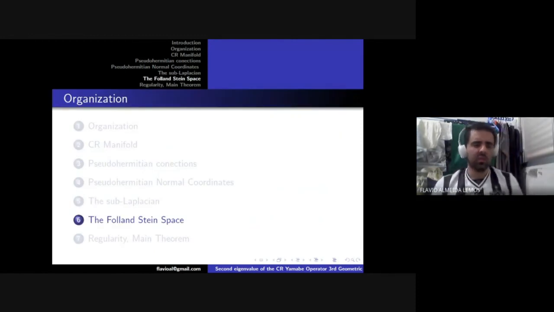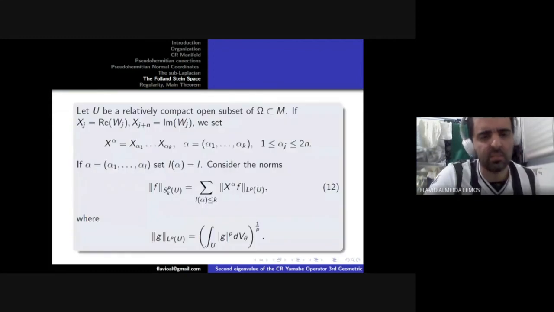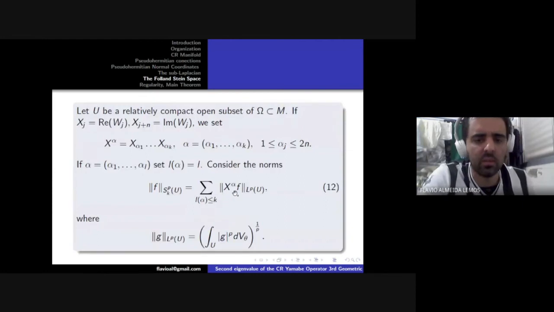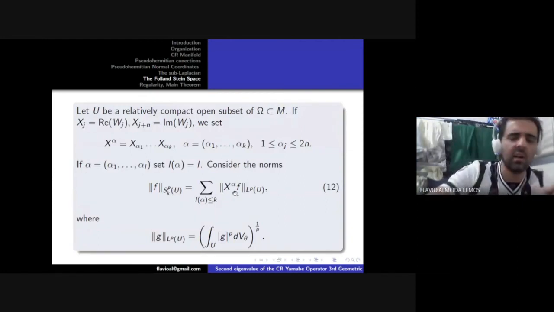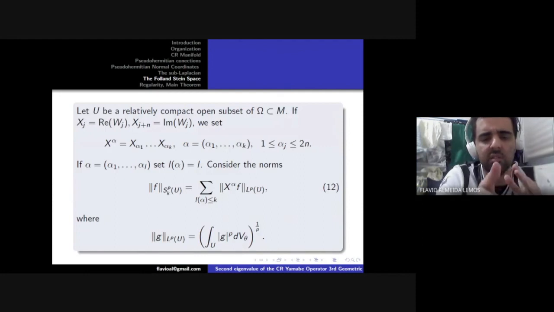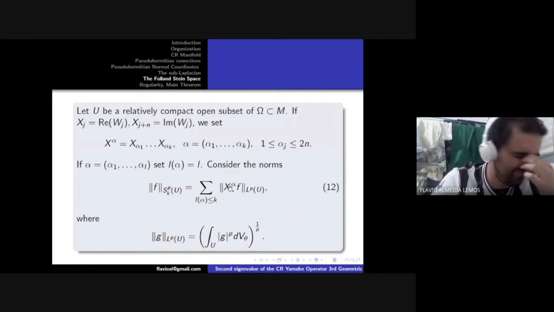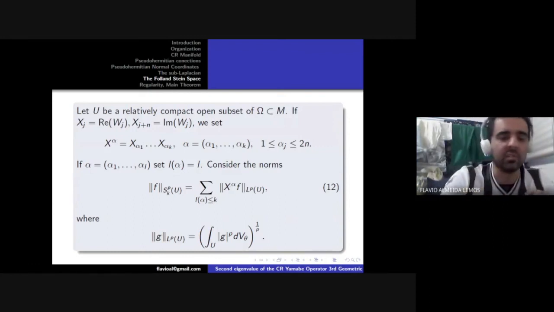Similar to the Sobolev space in the Riemannian context, we have the Folland-Stein space here. We define it this way. Observe that we take out the derivative in the characteristic direction. We define the Folland-Stein space this way.